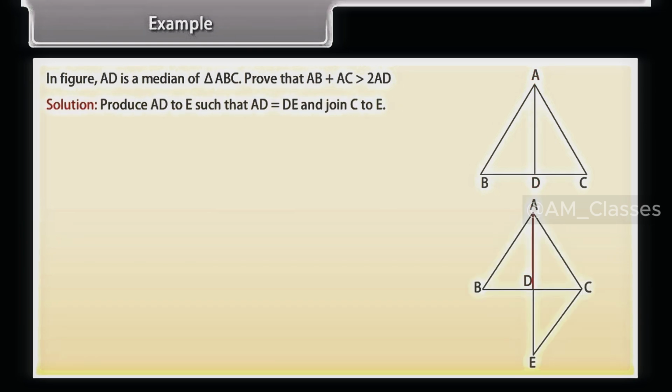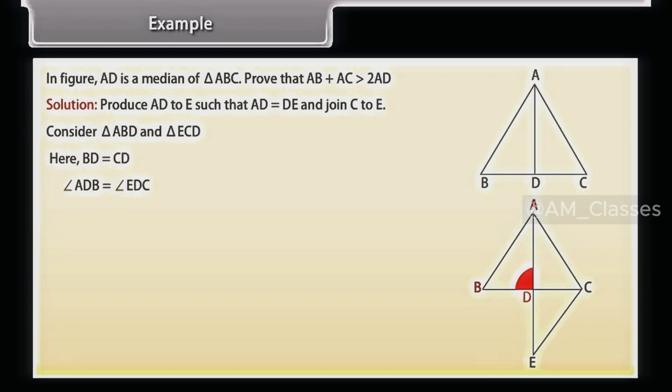Solution. Produce AD to E such that AD is equal to DE and join C to E. Consider triangle ABD and triangle ECD. Here BD is equal to CD. Angle ADB is equal to angle EDC. AD is equal to ED. Therefore, by SAS congruence rule, triangle ABD is congruent to triangle ECD.